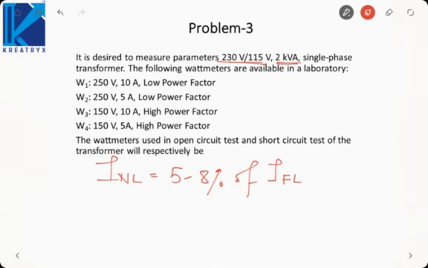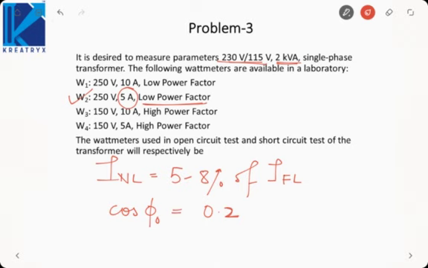So we can use a wattmeter which has a lower current rating. And if we remember, cos phi naught, the no load power factor, is also very small. It is around 0.2. Okay, so we need a wattmeter which has a lower current rating and a low power factor. That means we can use this wattmeter. Its current rating is 5 ampere and its power factor is also low.